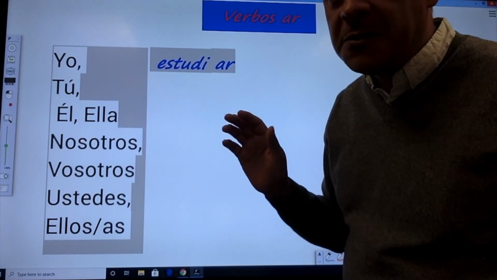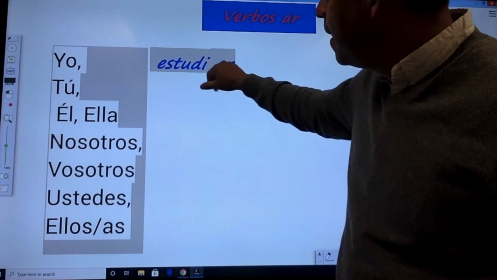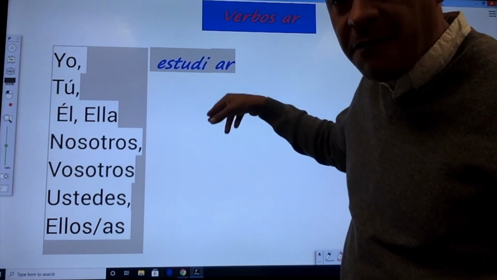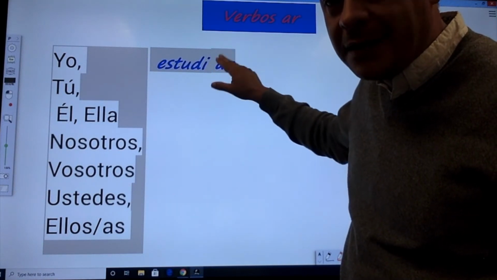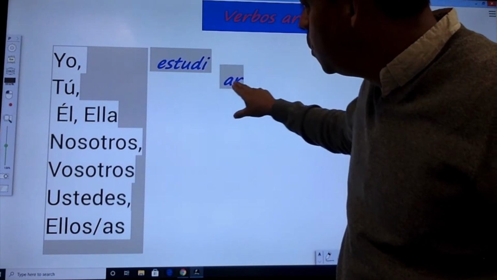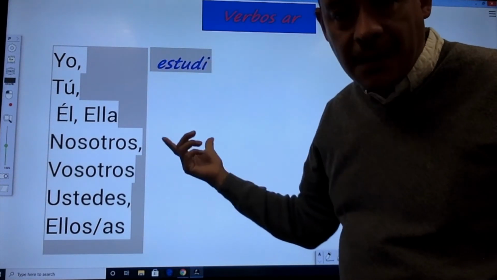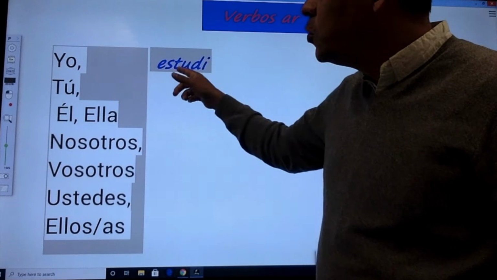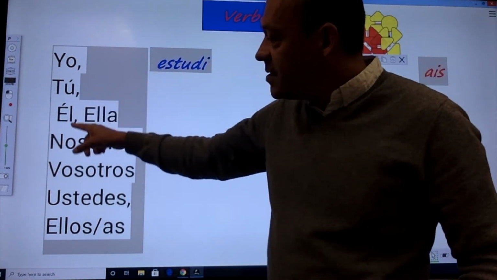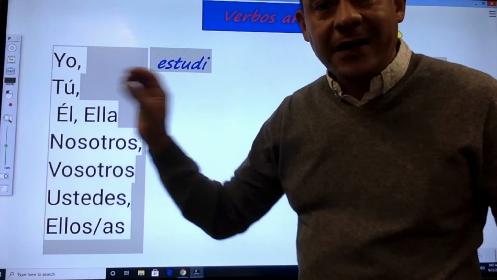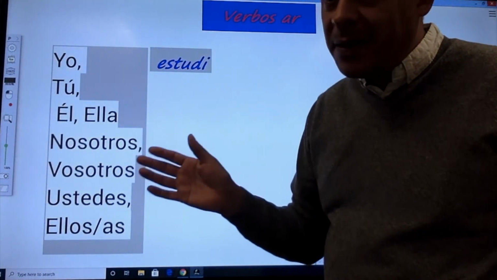So what's the procedure? Pay close attention. Cut the suffix R, or the ending R. Cut it. Then we end up with a stem or a root: yo estudi.